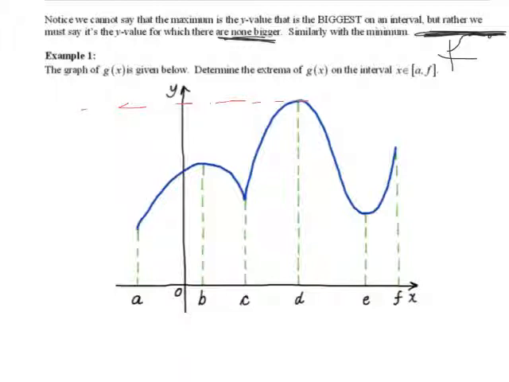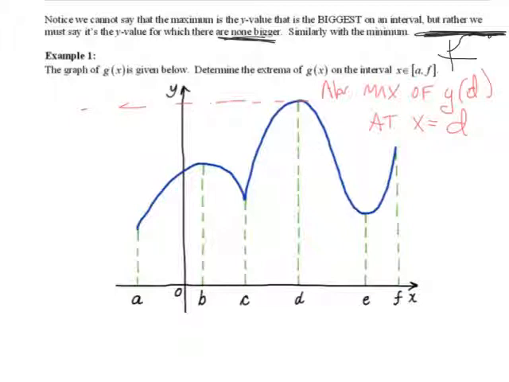So what we can say is there is an absolute max of, our function is called g, so our absolute max of g of d, because it occurs at the value of d. So, and this is at x equals d. So there's two things we're finding. We're finding what is the max, and that's basically the y coordinate. And then we're also finding where is the max, and that is the x coordinate.